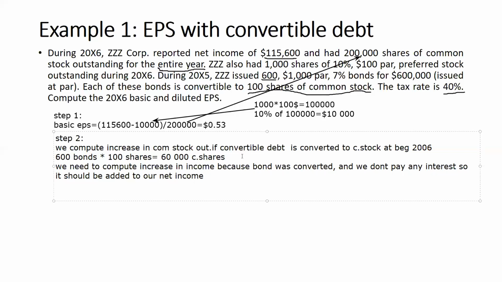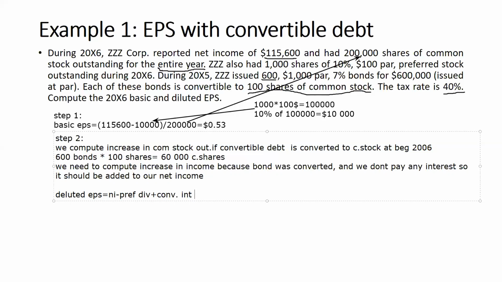So the formula would go in the following way. Diluted EPS will be equal to net income minus preferred dividends. We are subtracting the preferred dividends. And plus the interest that we will calculate, the converted interest, which should be added.